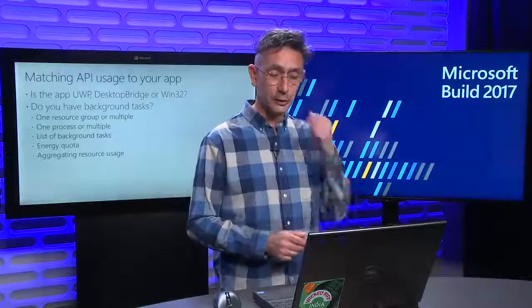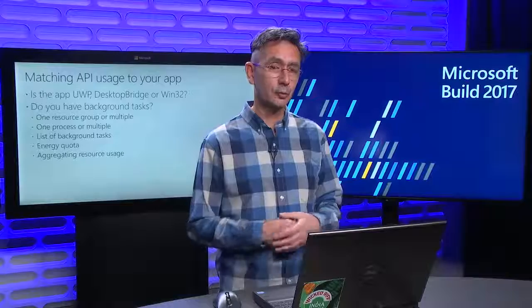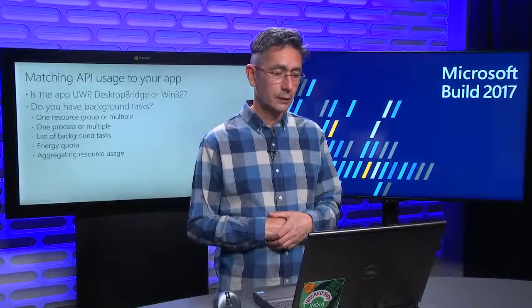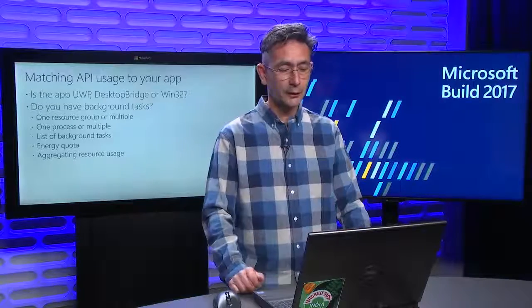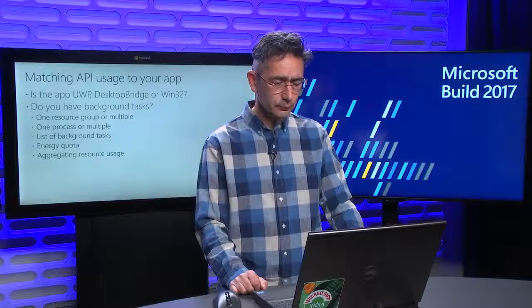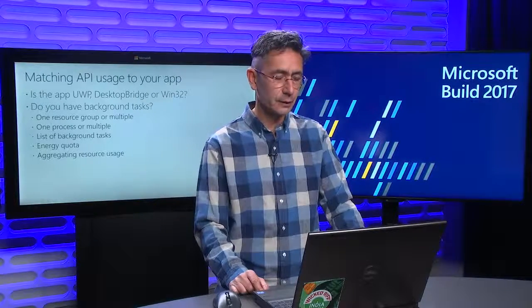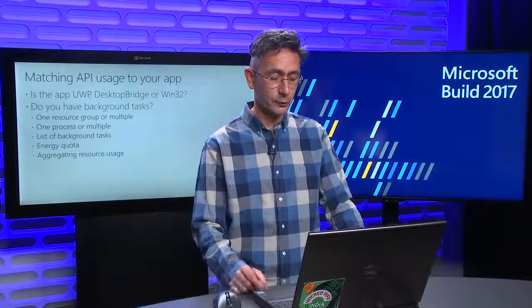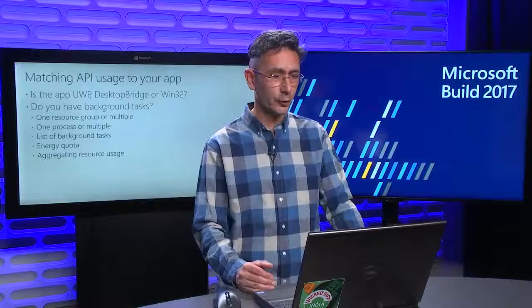And then if it's a full UWP, you'll have all of the information potentially available depending on what your app is doing. So if you do have background tasks, and depending on the type of background tasks, you'll have potentially more than one resource group. Remember, the resource group info class encapsulates all of the detailed metrics. So you may have more than one of those, which is why we always give you back a list. And usually in the list there's only one, but there might be more than one.